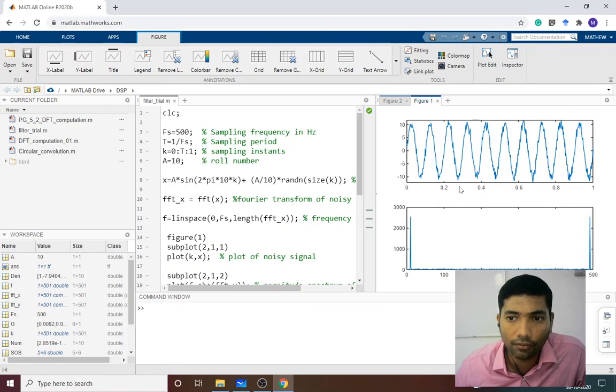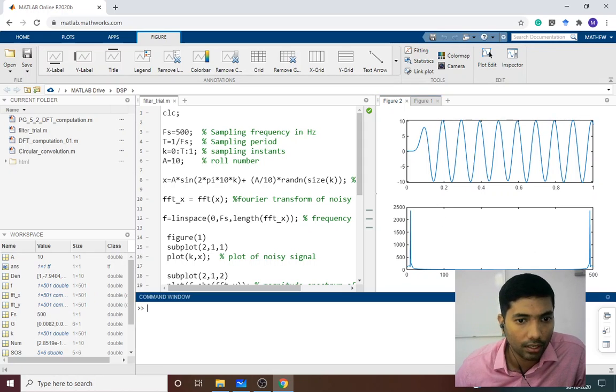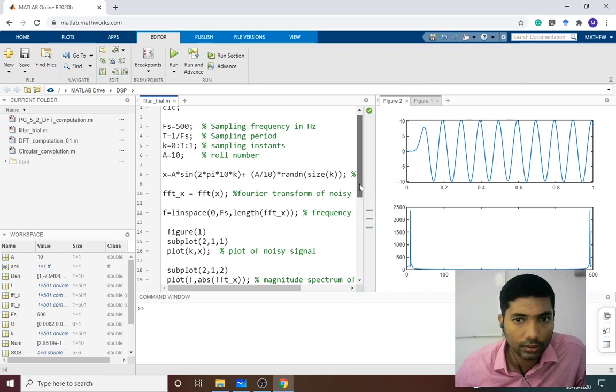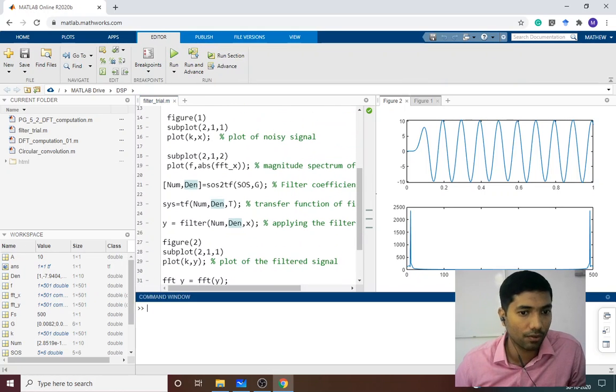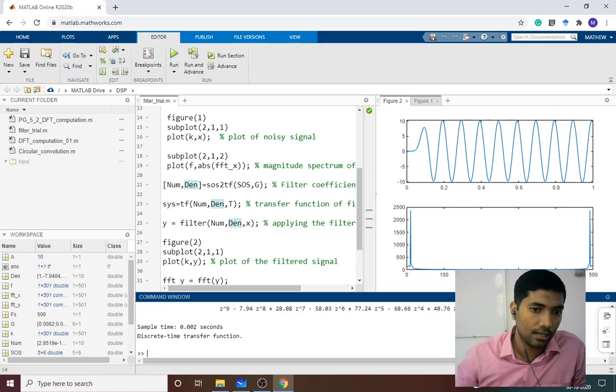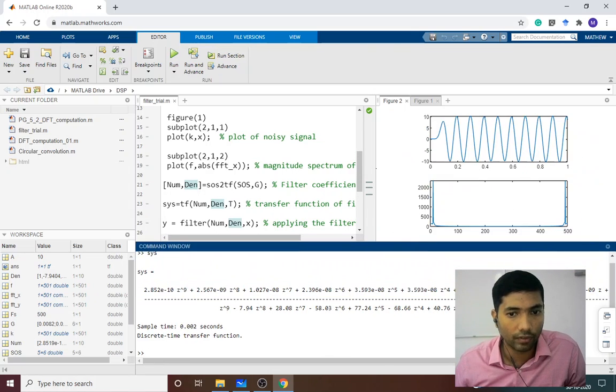You can see that figure 1 is a distorted signal with the magnitude spectrum given below, figure 2 is the filtered output, and this is the frequency spectrum. Okay, and the transfer function of the filter is given by, and we have defined it as sys. So if you use sys, you will get the transfer function of the filter.